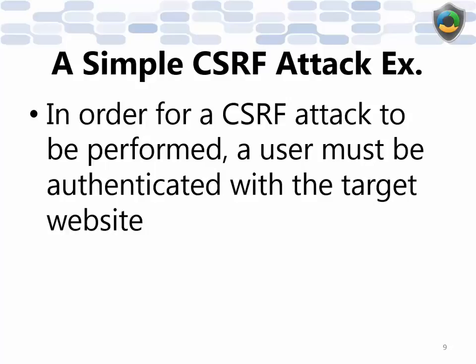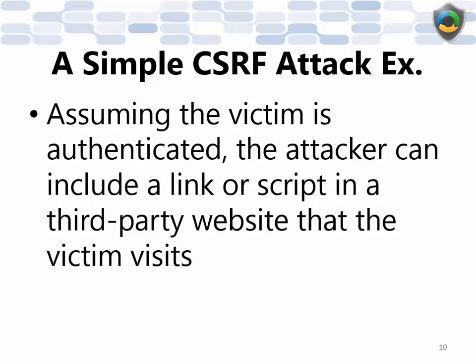In order for this type of attack to work, the user must be authenticated with the target website. So there's a login process that takes place. Assuming that happened, the attacker can include a link or a script in a third-party website. Now think about this. Typically, if you have to go to all the trouble of logging in to be able to see something on a site, most people would think that it's probably pretty secure.